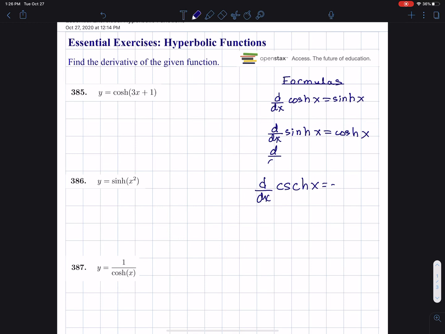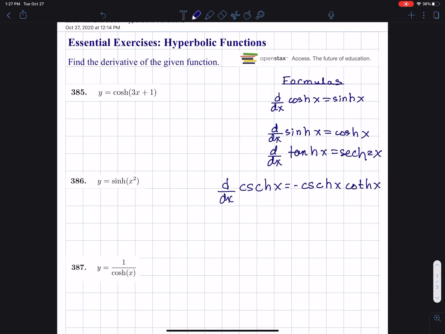So I guess I'm in for a penny, in for a pound, and I'm going to start writing more of these, but we don't need all of them for this video. The derivative of hyperbolic cosecant x is negative hyperbolic cosecant x hyperbolic cotangent x.